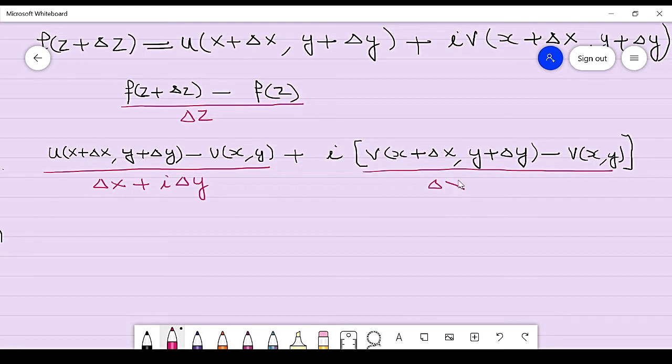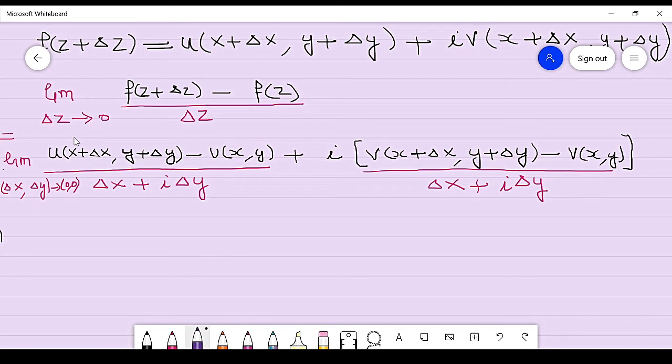Third step is the limit as delta z approaches 0, which means delta x, delta y approach 0, 0.